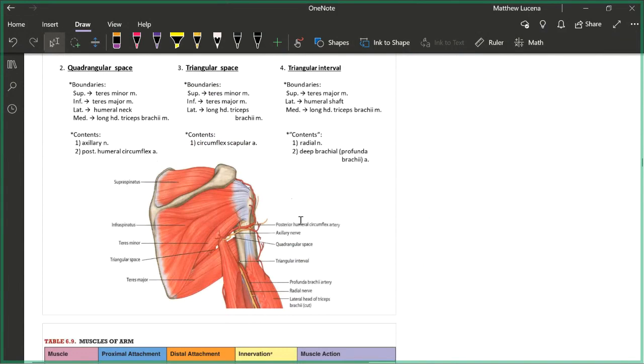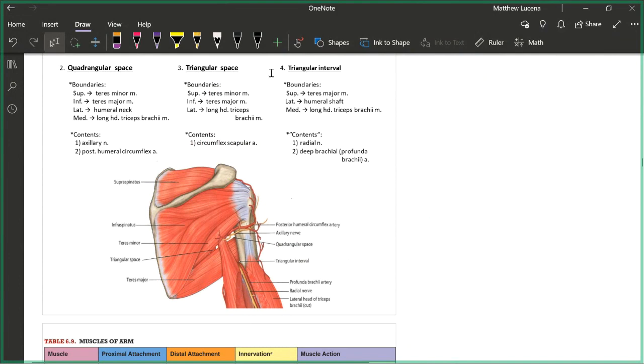And then the triangular interval: the superior boundary is the teres major, the lateral boundary is the humeral shaft, and the medial boundary is the long head of the triceps, and the contents are the radial nerve and deep brachial artery. I don't remember him going over the triangular interval. Maybe I missed it.